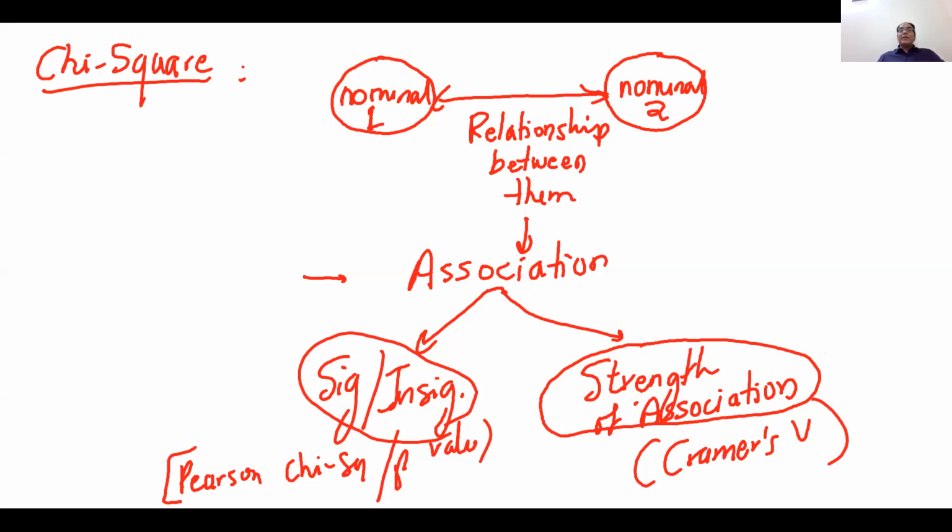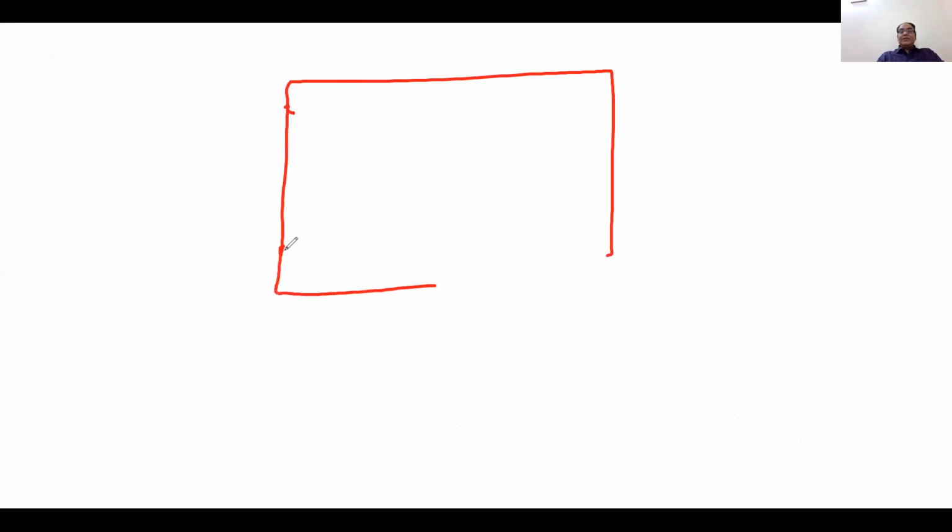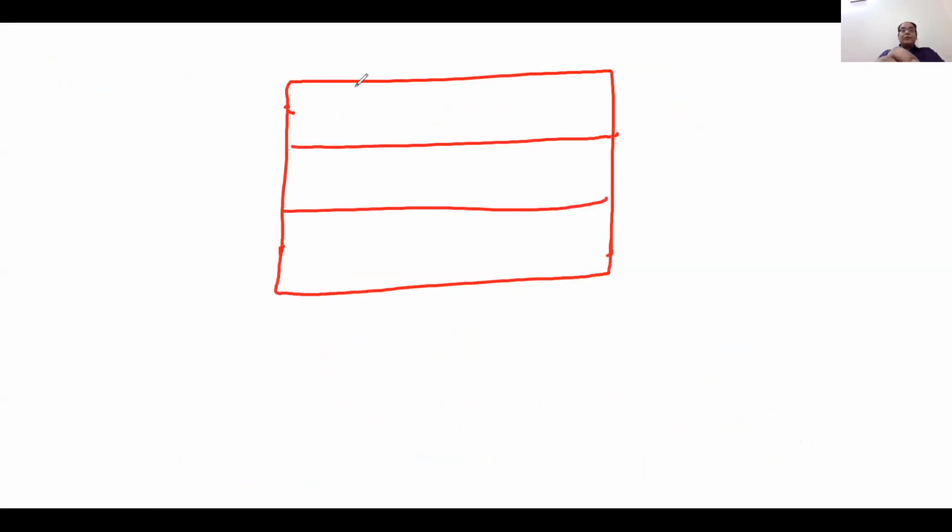Okay, so now how will the chi-square work? Let's see. In chi-square we make this table, so let me explain this table to you.